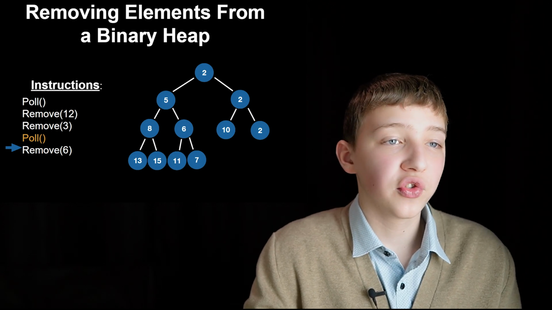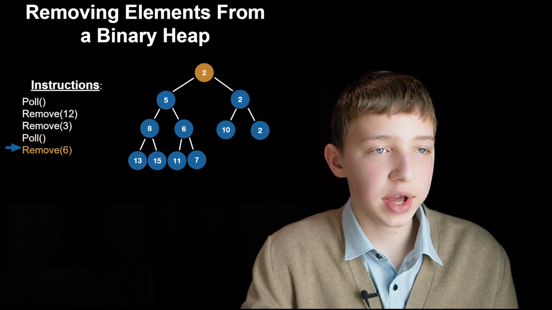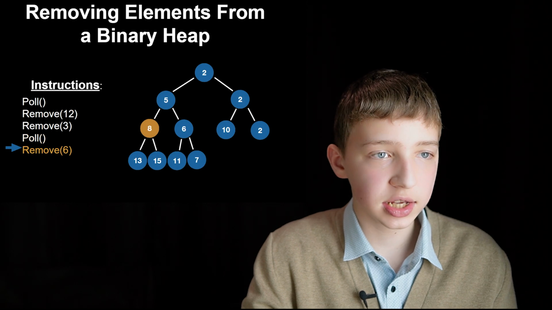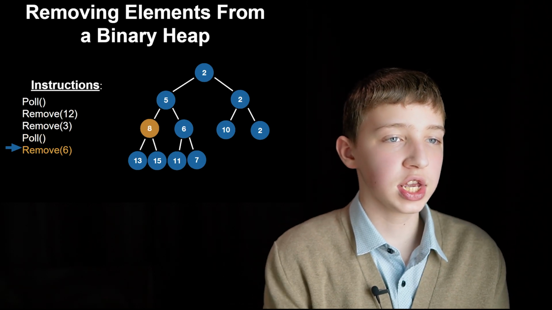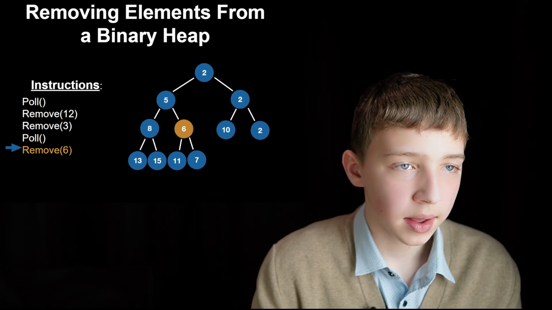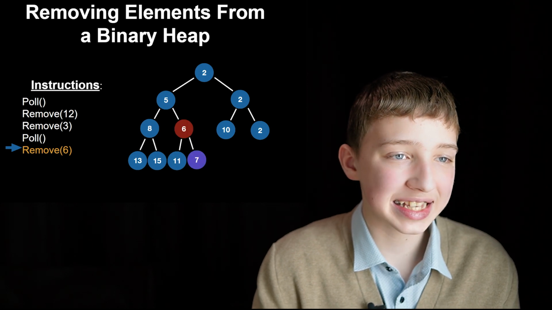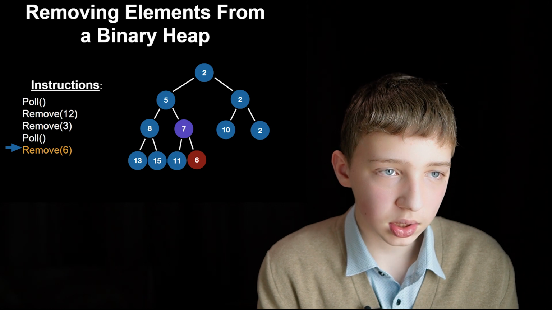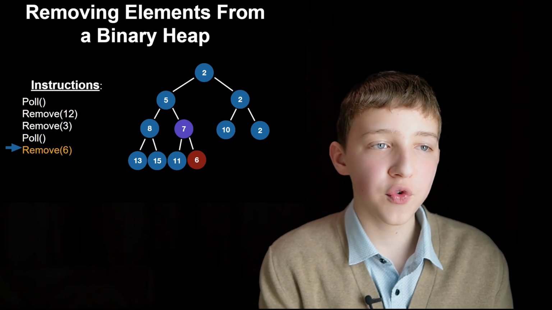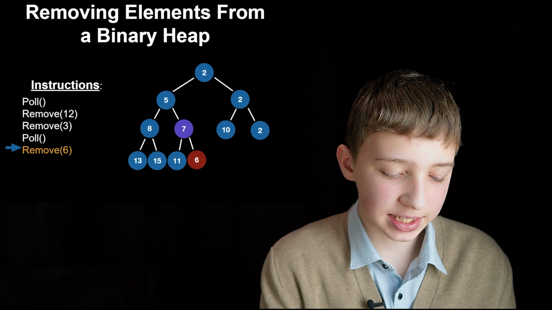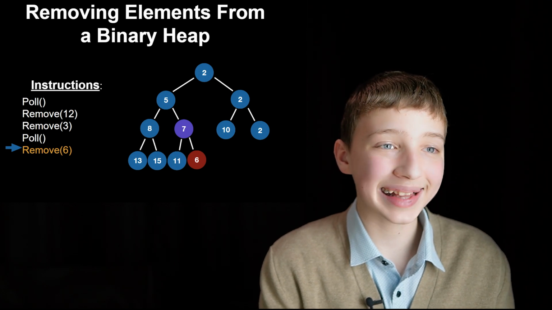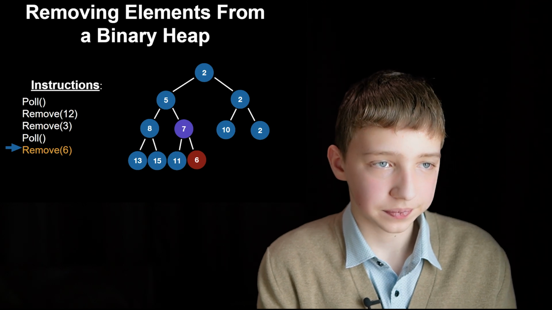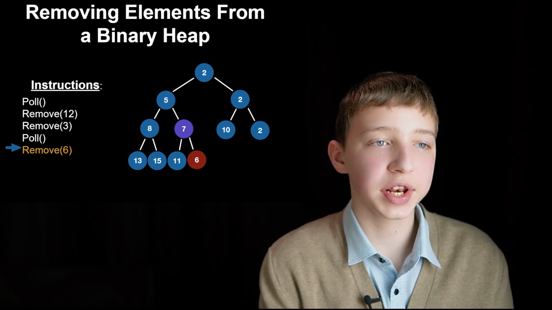So we want to remove 6, where first we want to find it. 5, 2 are not 6, 8 is again not 6, and as we found 6, we swap it with the last node, that is 7. So we first have to process every node on the last level before moving to the next level.